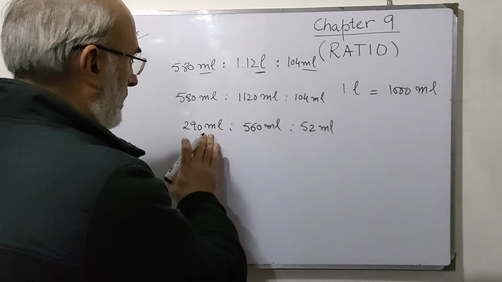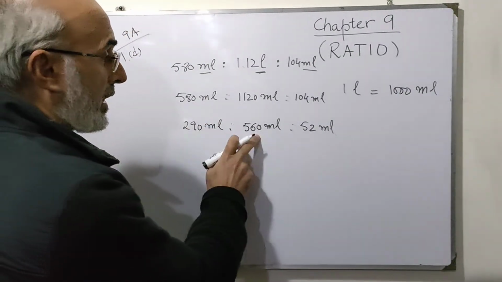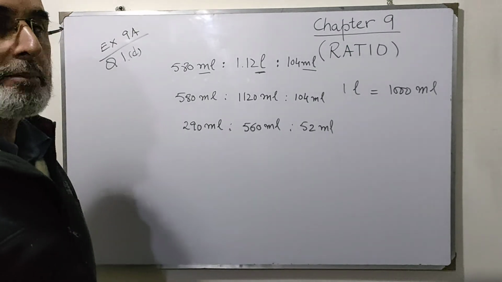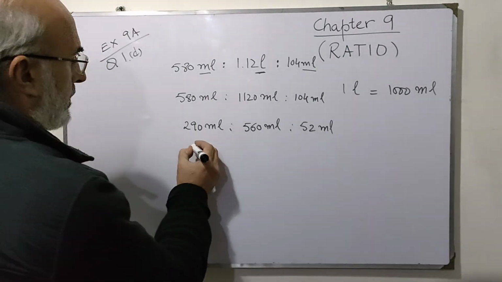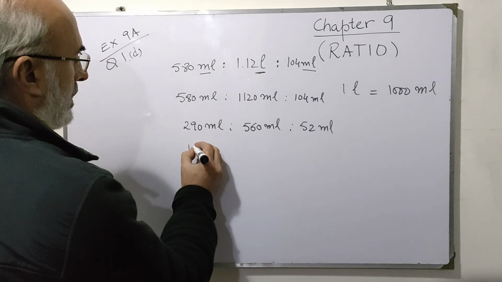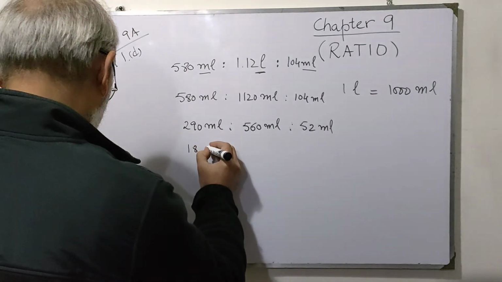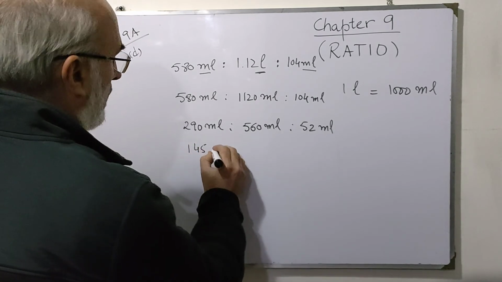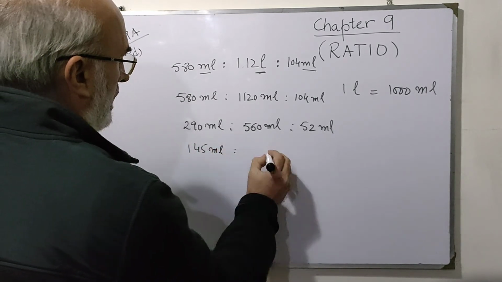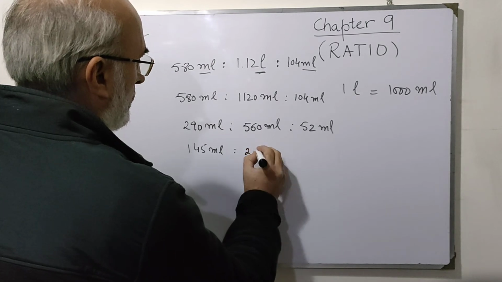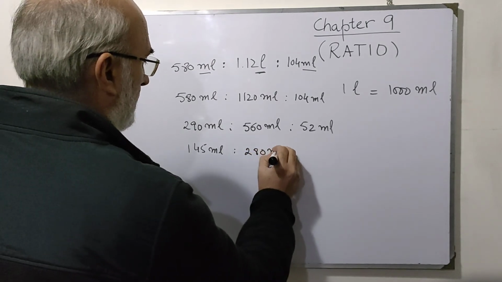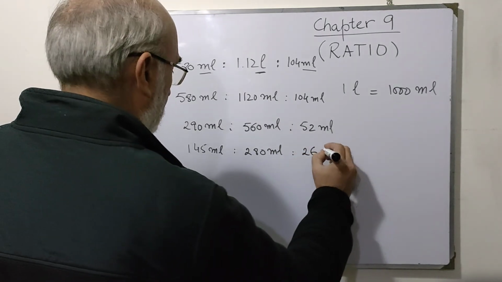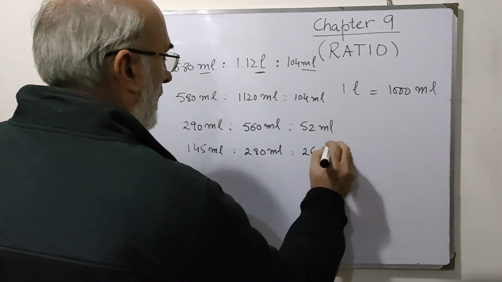Still ending with 0, ending with 0, ending with 2, I can further simplify. I'm going to further divide by 2. So what I get here is 145 ml is to 280 ml is to 26 ml.